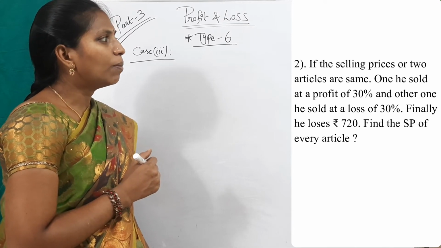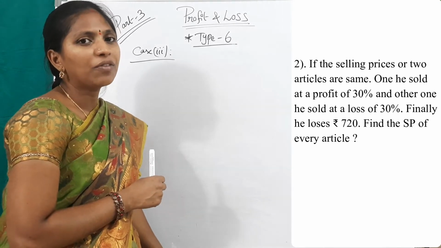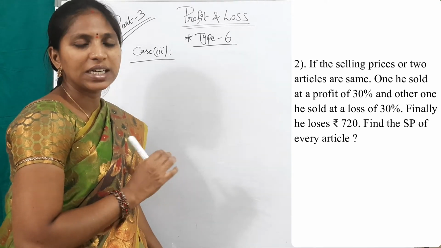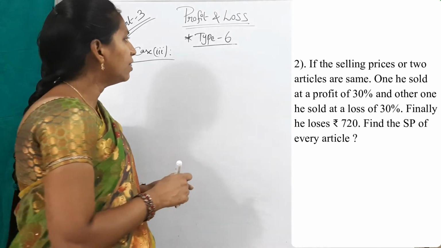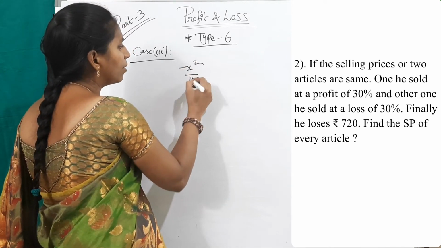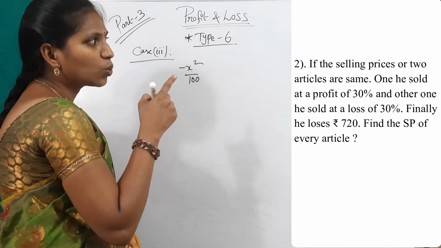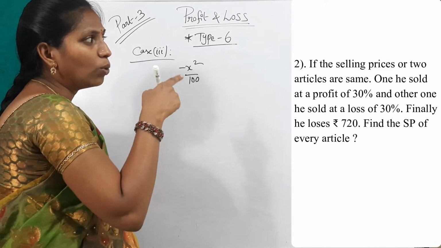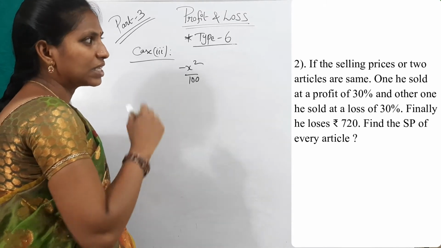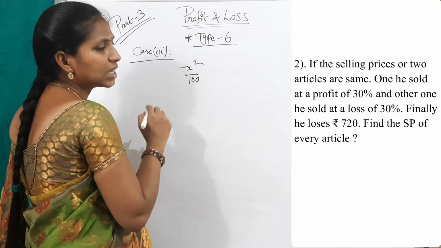See what is the formula here? Selling prices of 2 articles are the same and the profit percentage and loss percentage are both the same. In that case, take the formula minus x square by 100, which means there is always a loss. That's why in this question, finally he loses 720 rupees. Minus x square by 100, what is the percentage here? 30.